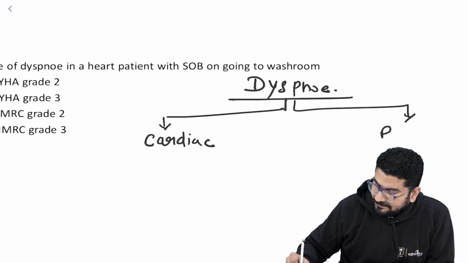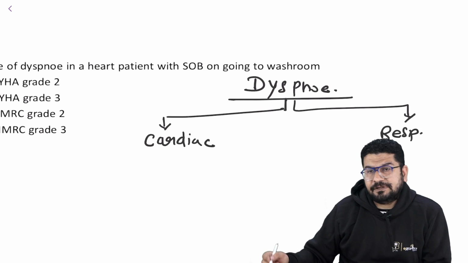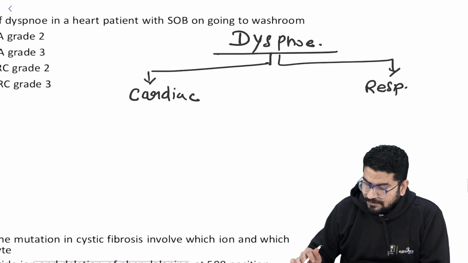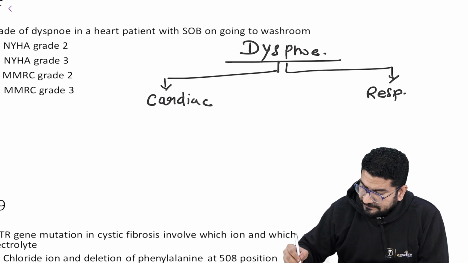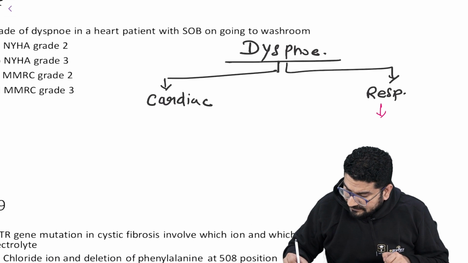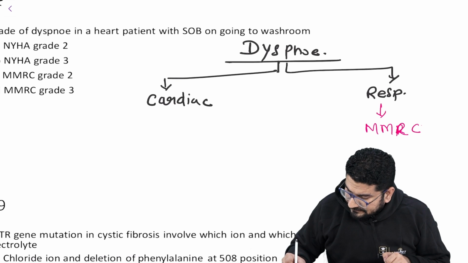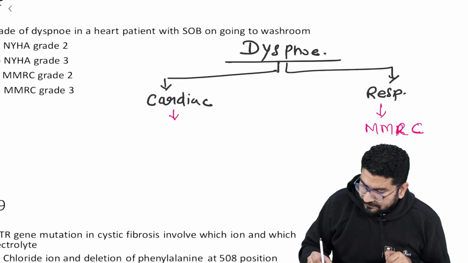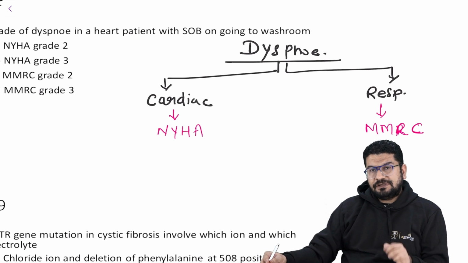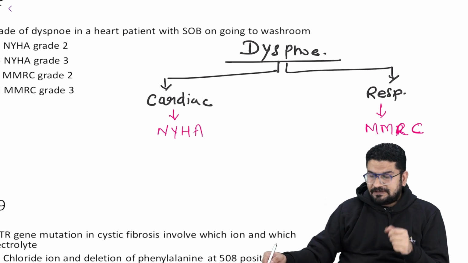And for respiratory dyspnea, like for a COPD patient, we use MMRC, Modified Medical Research Council. And here we use NYHA, New York Heart Association. So these are the 2 scoring systems for dyspnea that we have.